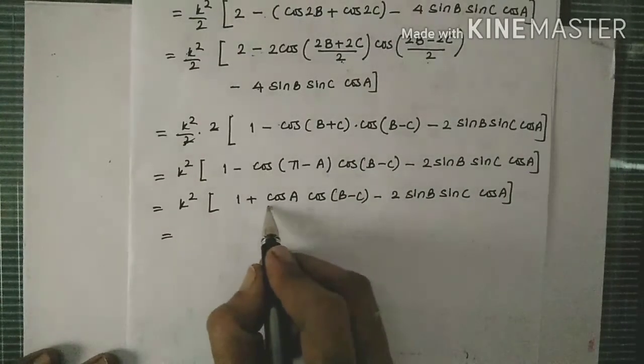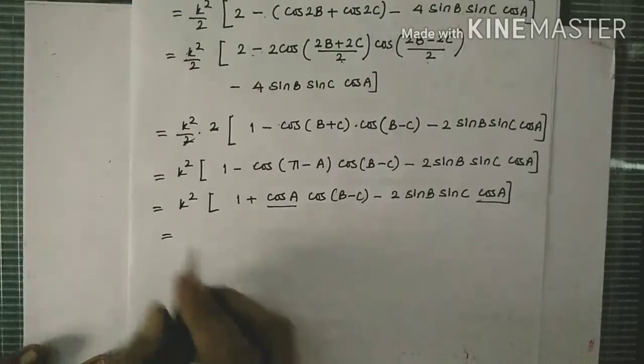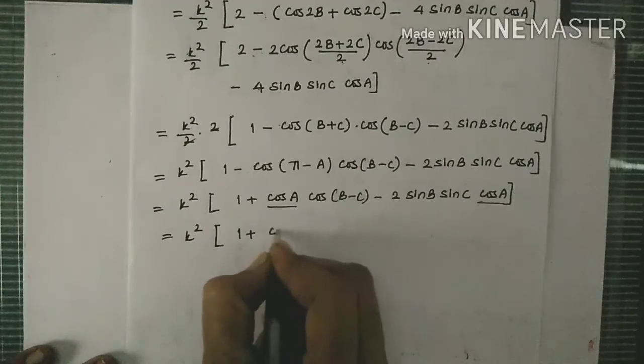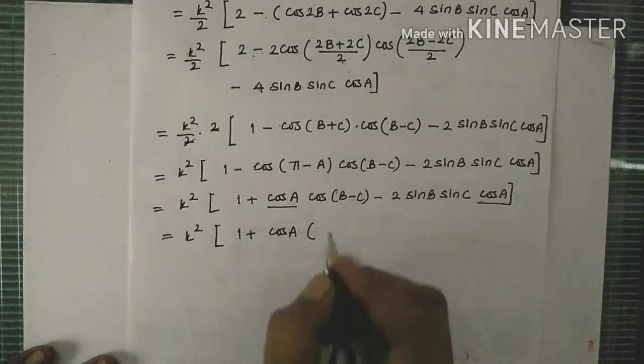Now we can take cos A common from these 2 terms. So taking cos A common, we get 1 plus cos A into bracket.